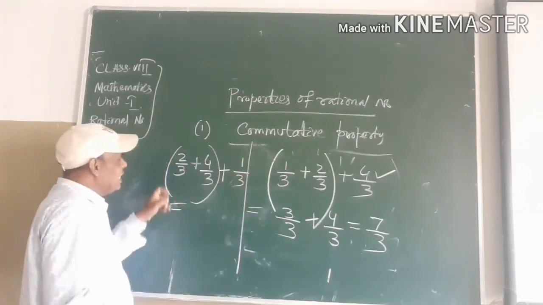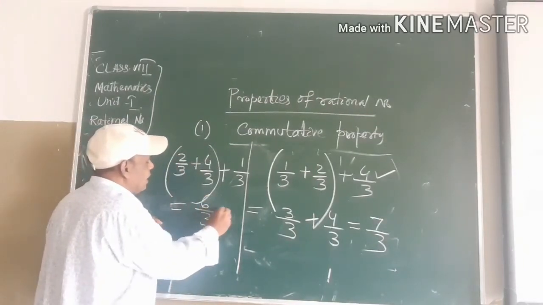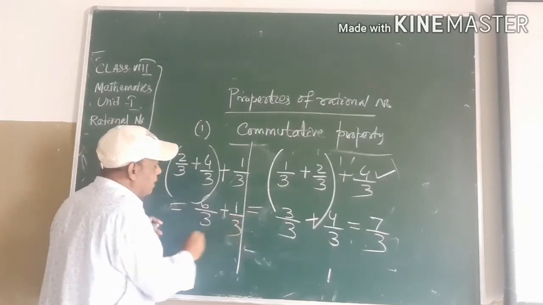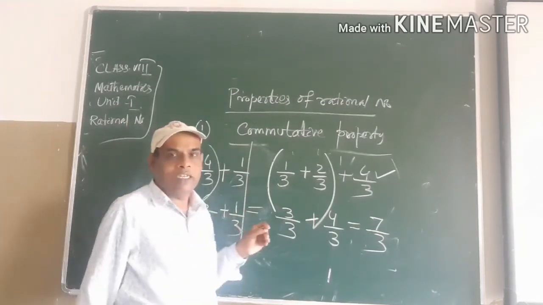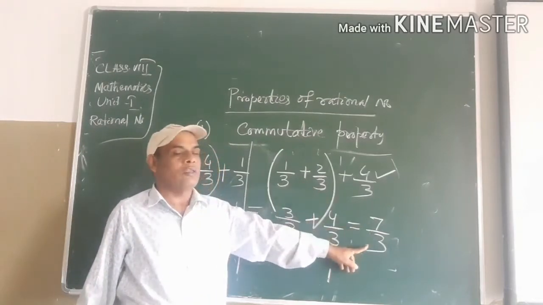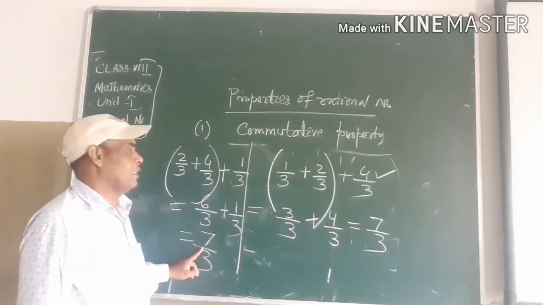So 2 by 3 plus 4 by 3 is equal to 6 by 3, and again added with 1 by 3 we got 7 by 3. So we noted, here we got 7 by 3, and here also we got 7 by 3.